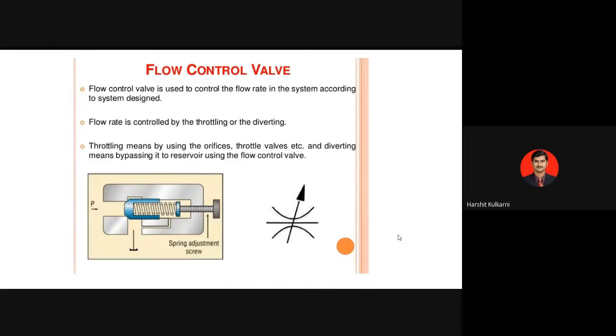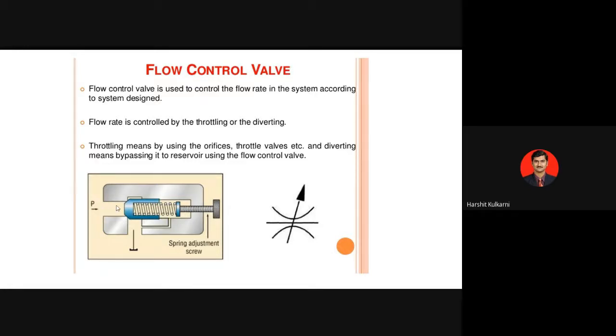Okay, if you see the diagram of your flow control valve, two things are there. One is the left envelope, which shows the construction of the flow control valve, wherein we have a spring screw adjustment. This is the screw to which a spring has been attached and connected to this seating, which will get fixed onto the seat here. This is the inlet from where the oil will start flowing.